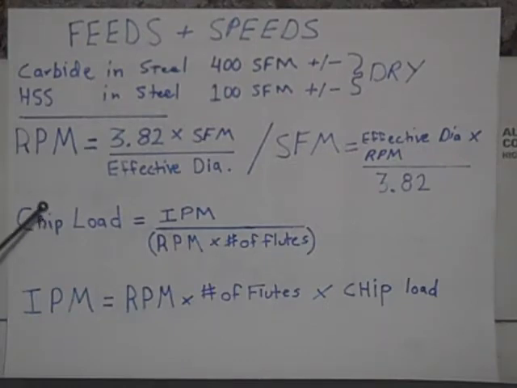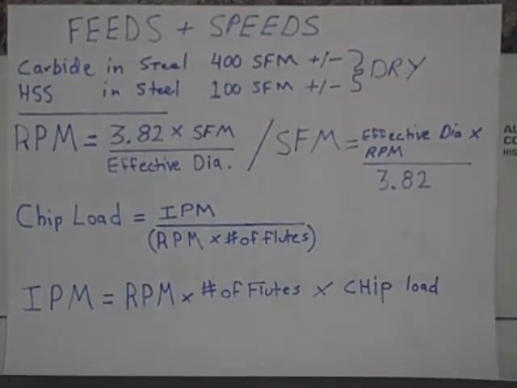Okay, so if you want to know the inches per minute you want to run with a chip load that you've designated as two thousandths a chip or a flute, you would take RPM times number of flutes times the chip load you want to run. That'll tell you how many inches per minute to run. Very easy.